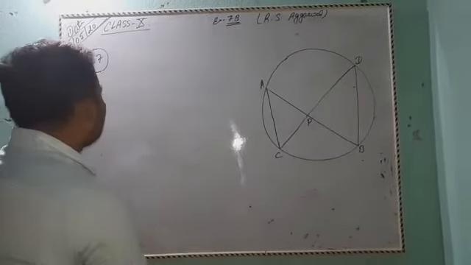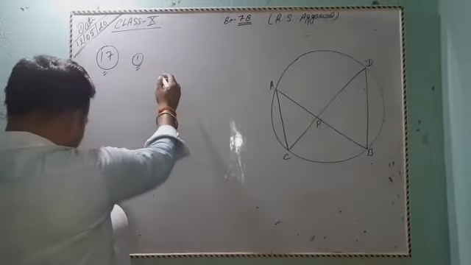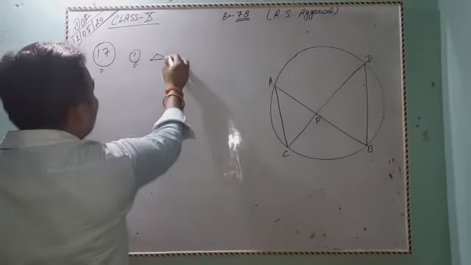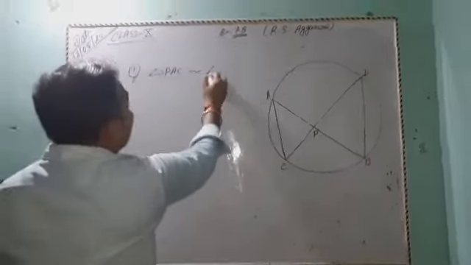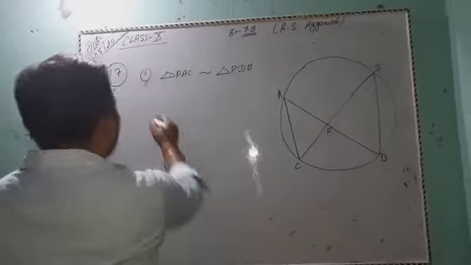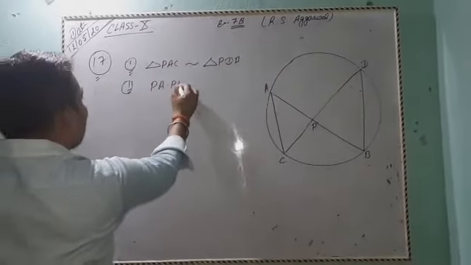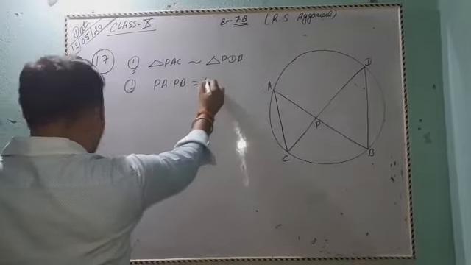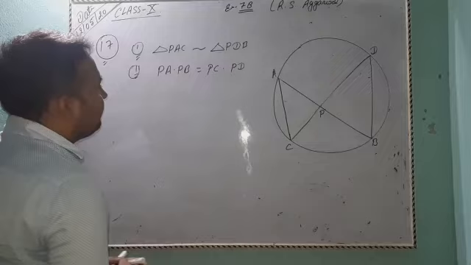Prove first that triangle PAC is similar to triangle PDB. And second, prove PA into PB equal to PC into PD. Let's start.